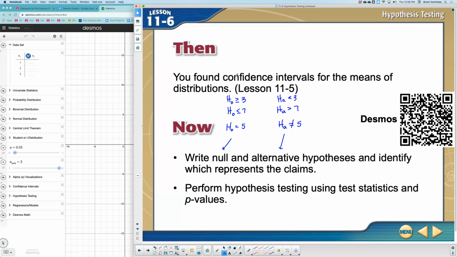Notice that the null hypothesis can be equal, and the alternative hypothesis cannot be equal.